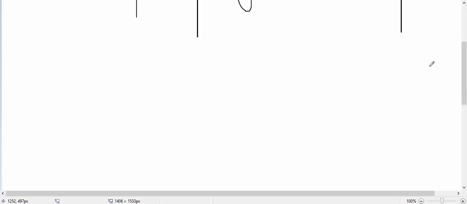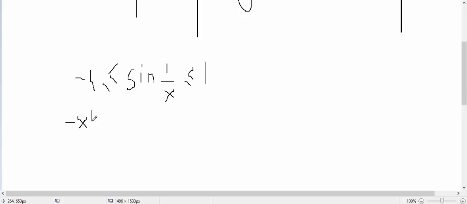First of all, we'll write out that sine 1 over x is between negative 1 and 1. And we change that to negative x to the 4.